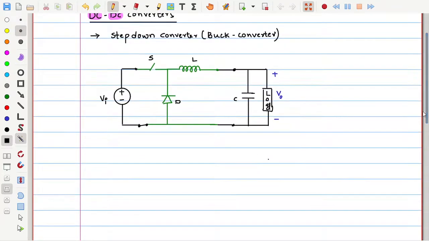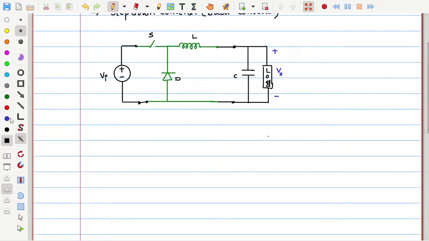And here we saw in the last session the timing diagram like this. If this is the time axis t, this is 0, the switch may be closed for a certain duration, which we call the on time. So this is the T on time, and for the remaining duration it will be off.